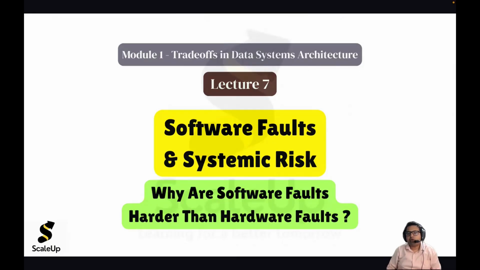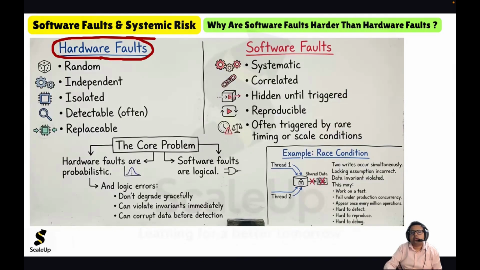Why are software faults harder than hardware faults? If we talk about hardware faults, they are random, independent, isolated, often detectable, and replaceable. If any particular component fails, that will be the fault, and it will be random in nature. It will be independent, like a disk fault has nothing to do with any other hardware fault.